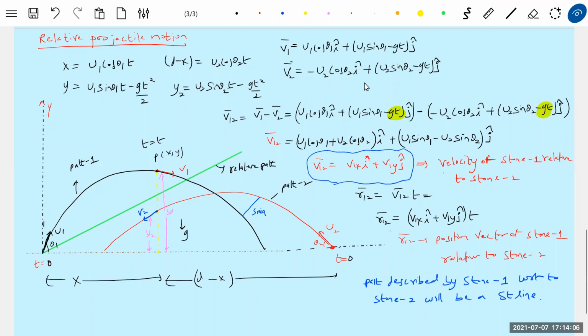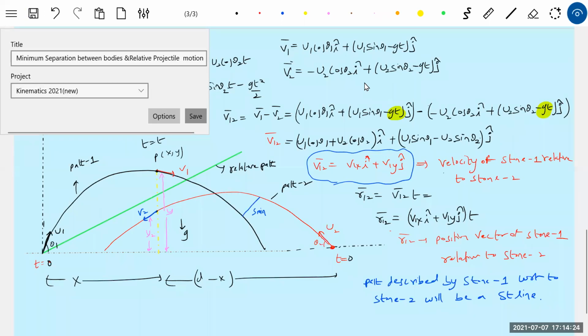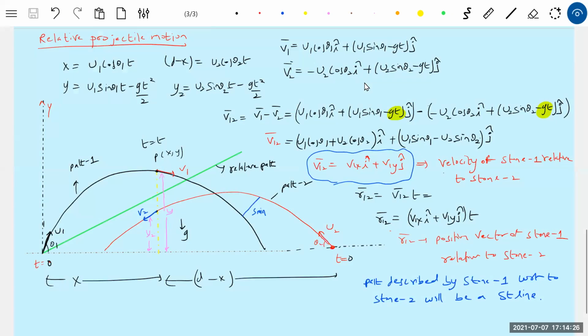What do you get for V12? Some sort of a constant, no? Make observation, we'll discuss two problems, you'll get the exact picture. It'll be very easy for you.